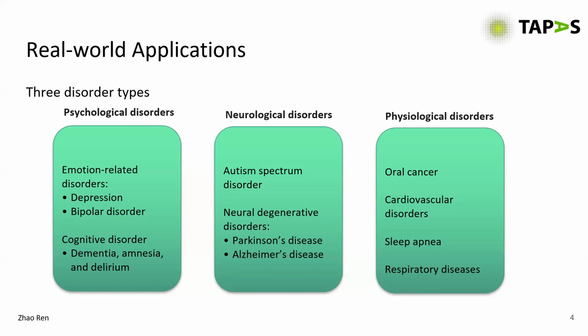Neurological disorders consist of autism spectrum disorder, and many of us are also working on neurodegenerative disorders such as Parkinson's disease and Alzheimer's disease. Physiological disorders include oral cancer, for which Benz is working on speech evaluation, and there are also cardiovascular disorders, sleep apnea, and respiratory diseases.